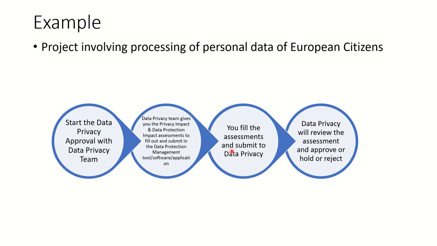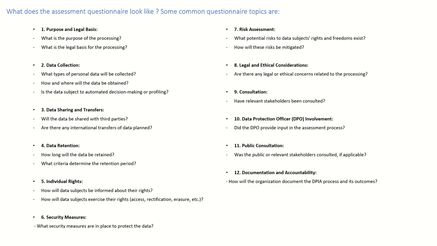Then you will have to fill out these assessments and then submit it to data privacy. Data privacy team will review this assessment, and then based on your responses, they will approve, hold, or reject the requirement. So what does the questionnaire that the data privacy team assigns to you look like?